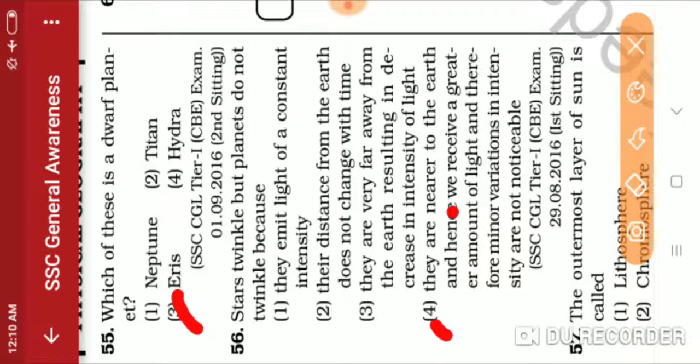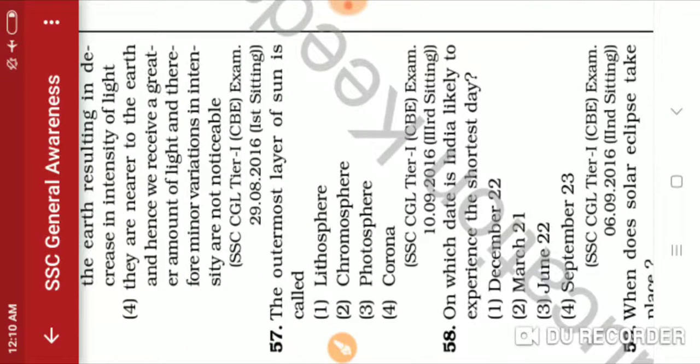That's why it twinkles. Planets do not twinkle, so we can't see them twinkle. Next question.